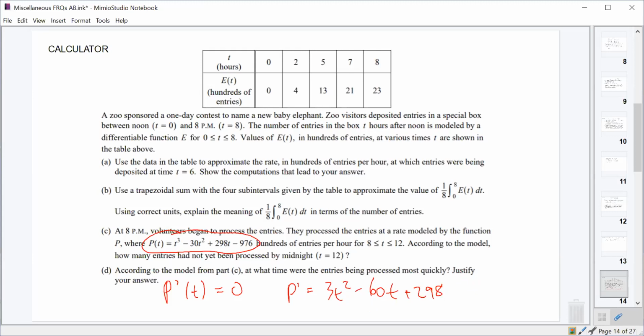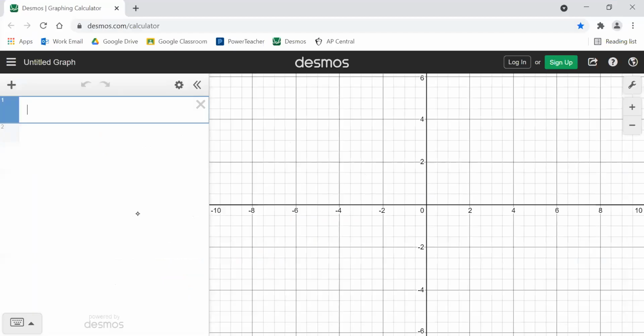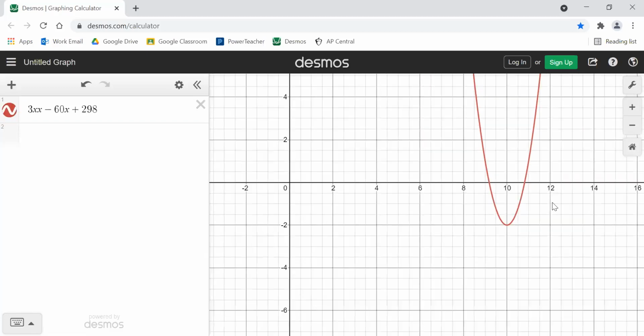Let's put this into Desmos real quick: 3x squared minus 60x, they were t's, but plus 298. And we'd see that that happened at 9.184 and 10.816.